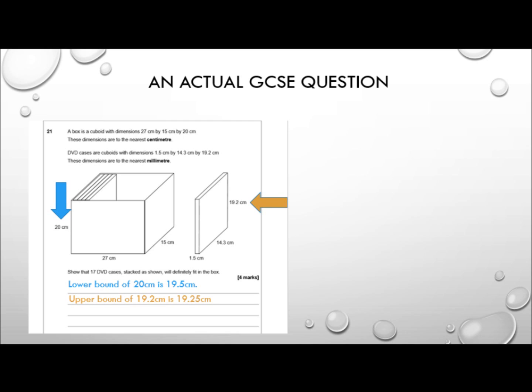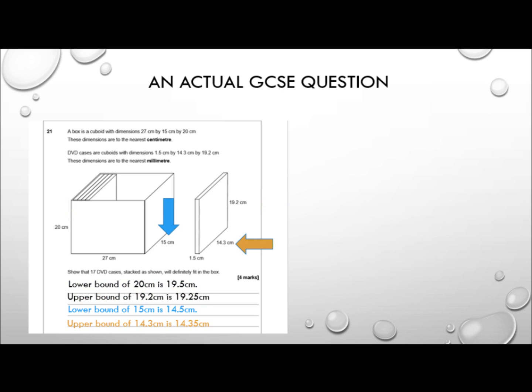The lower bound of 20 centimetres is 19.5 centimetres. The upper bound of 19.2 centimetres is 19.25 centimetres. Now the lower bound of 15 centimetres is 14.5 centimetres, and the upper bound of 14.3 centimetres is 14.35 centimetres.